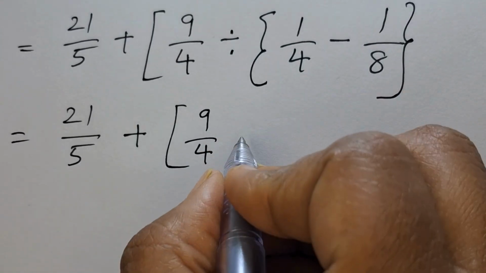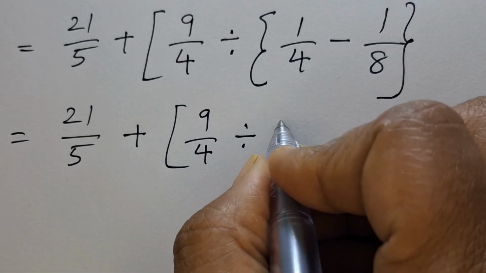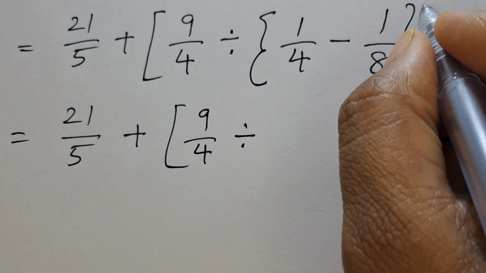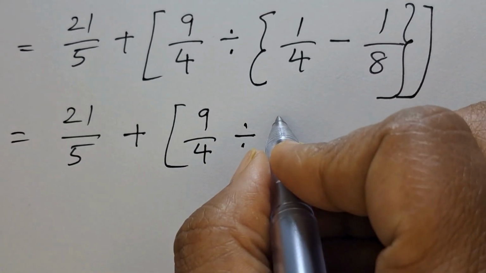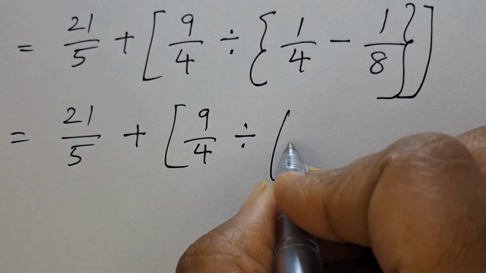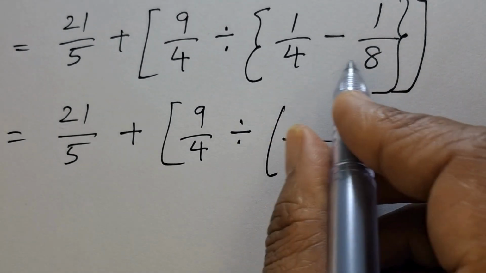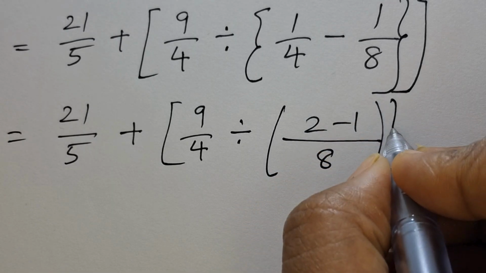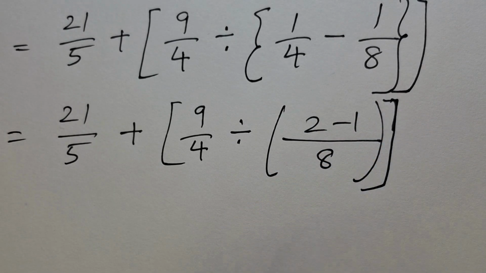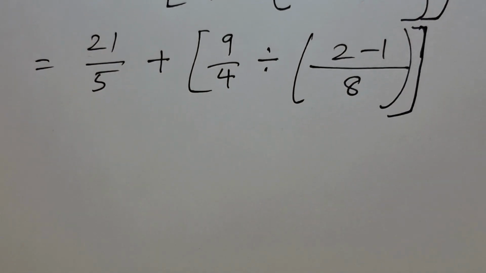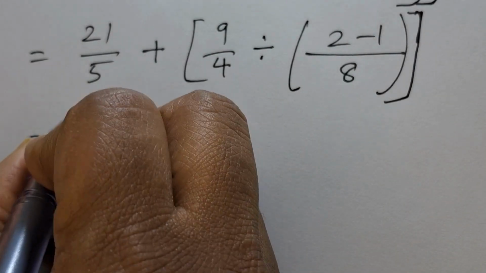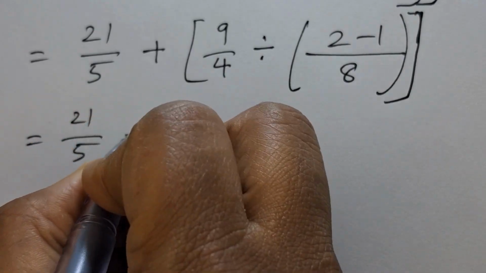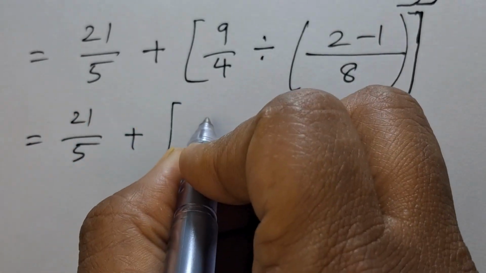Here we have to take the LCM. So 8 will be the LCM. So 4 2 times, 2 1s are 2, 2 minus 1. So the next is 21 by 5 plus 9 by 4 divided by, 2 minus 1 is 1, 1 by 8.